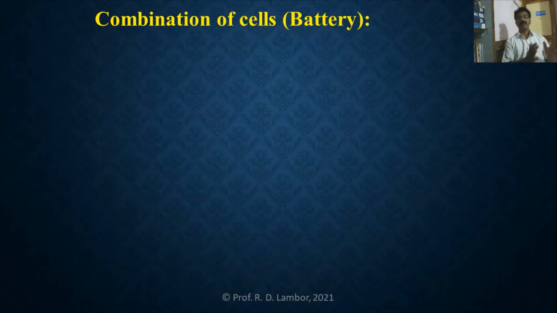As we know that resistors have two types of combinations, series combination and parallel combination, similarly, cells can be connected in series combination as well as in parallel combination in order to prepare a battery.